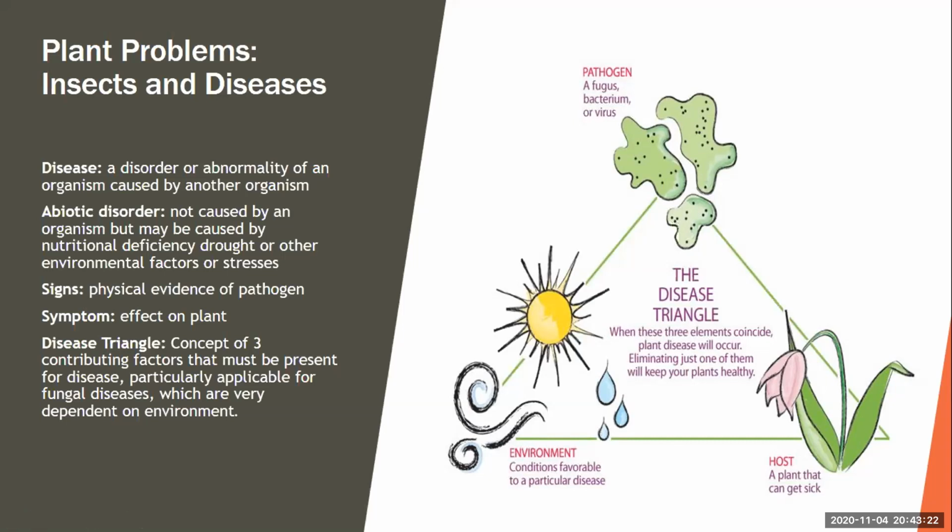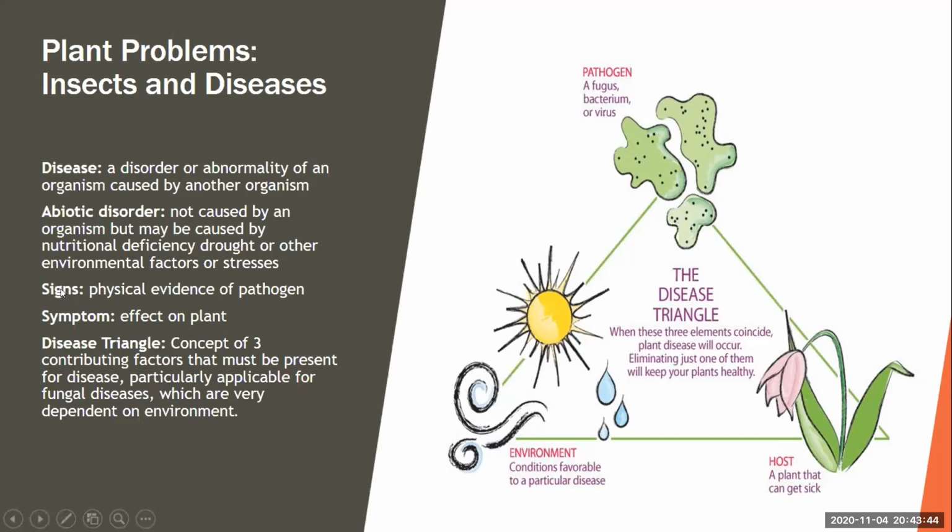Also, it's important to see the sign and the symptoms. Okay, the symptom is the effect. You're going to see the plant has sooty mold. You're going to see the plant has some leaf spot. The trunk has some damage over there. So these are the symptoms.